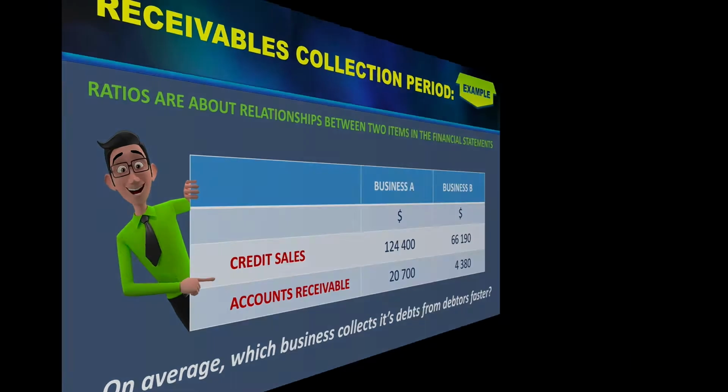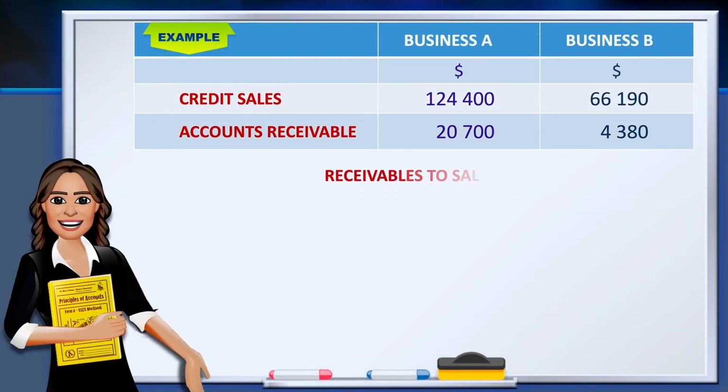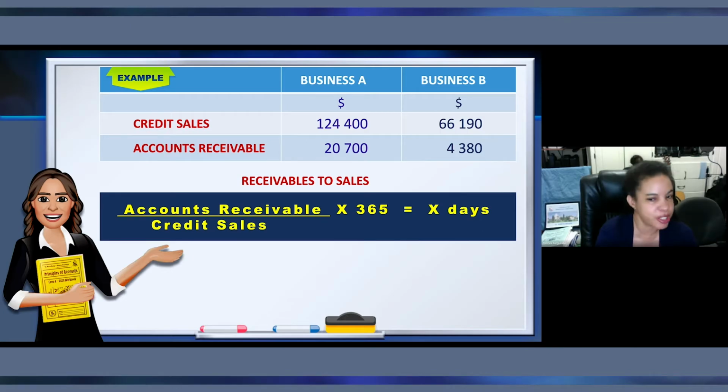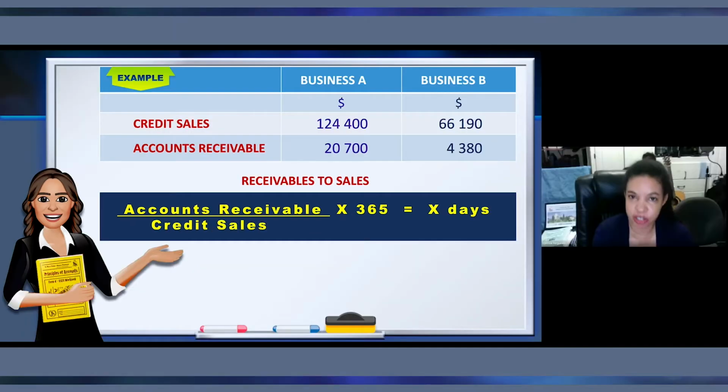And in order to find the answer to that, we are going to do the receivables to sales ratio. And once again, the formula is actually in the name of the ratio. So it would be receivables over your credit sales. And then because it's being expressed in the number of days on average, that means you're going to multiply by 365, because 365 days in a year.